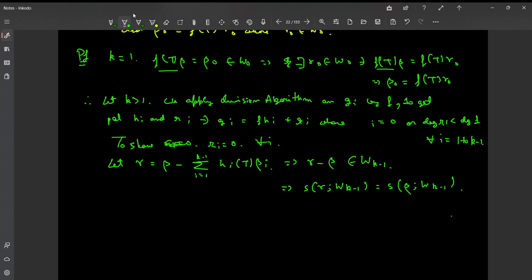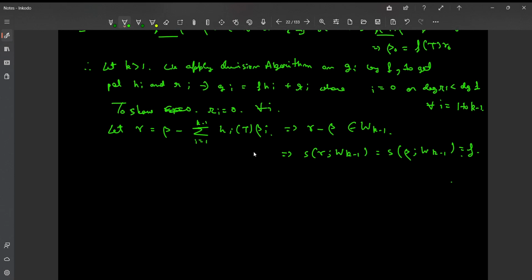Clear? And we choose this to be f. Furthermore, what can we say about the image of gamma under f(T)?